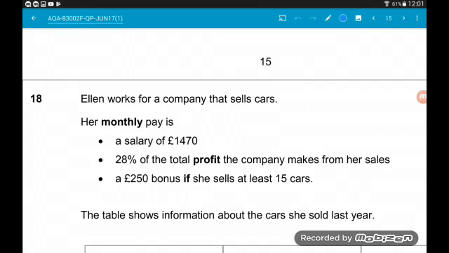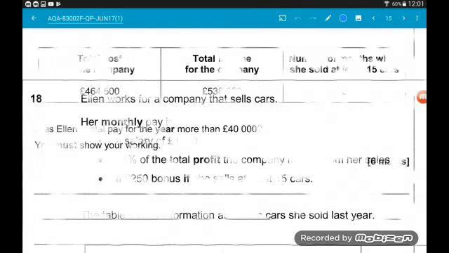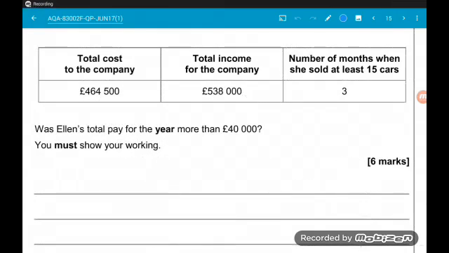The table shows information about the number of cars she sold last year. Okay, so the cost to the company was £464,500. The total income for the company is £538,000. And the number of months where she sold more than 15 cars was 3. We need to work out if she made more than £40,000.